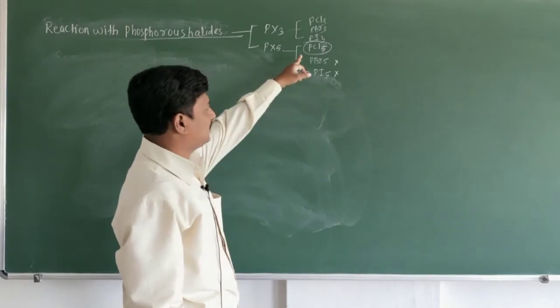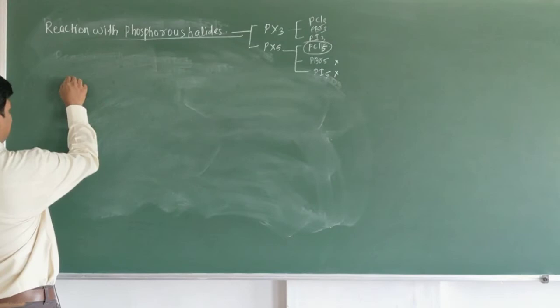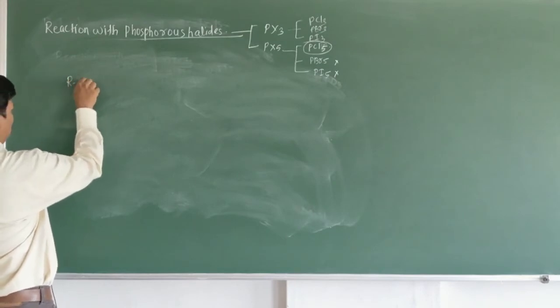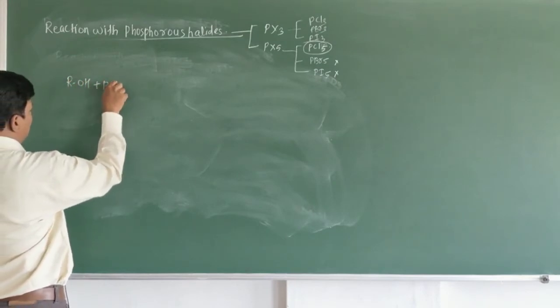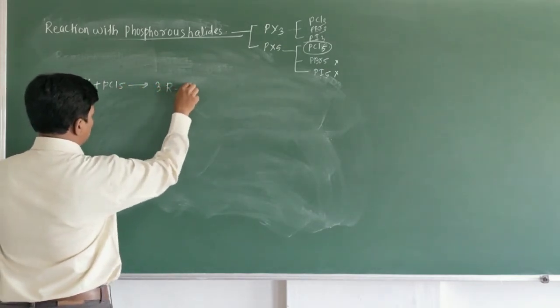So the reaction is only with PCl5, and the reaction is like this: ROH alcohol plus PCl5 phosphorus pentachloride. Again this is a nucleophilic substitution reaction.